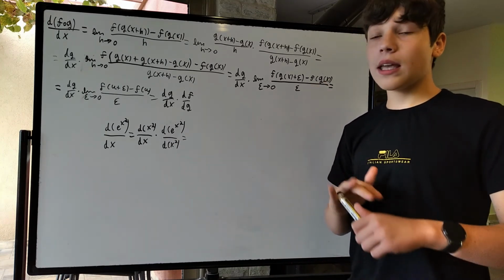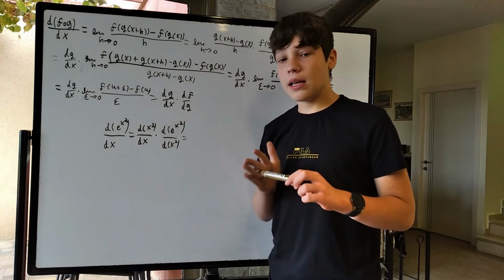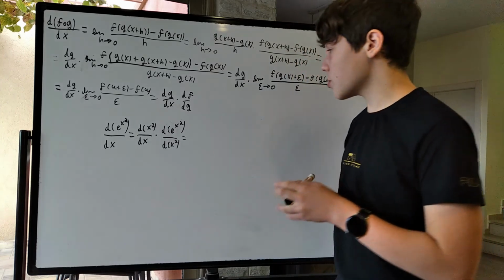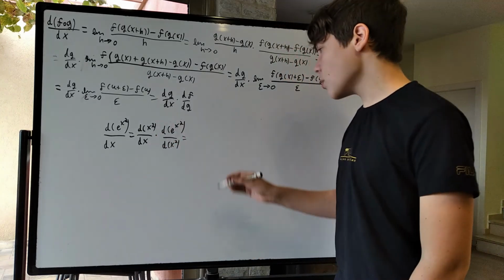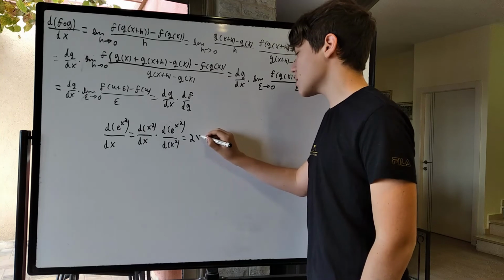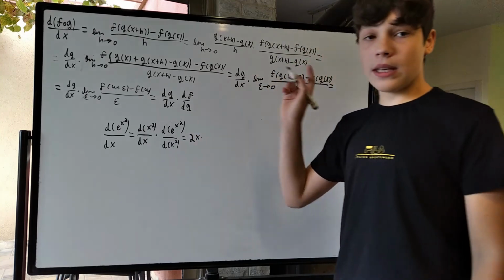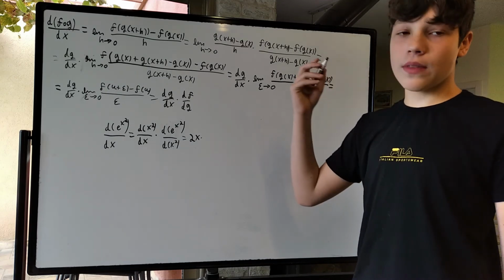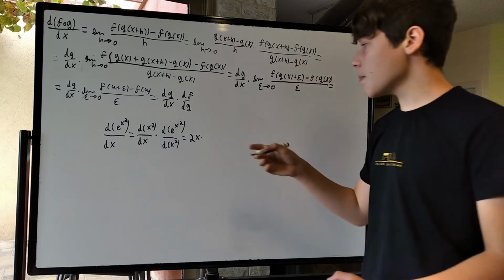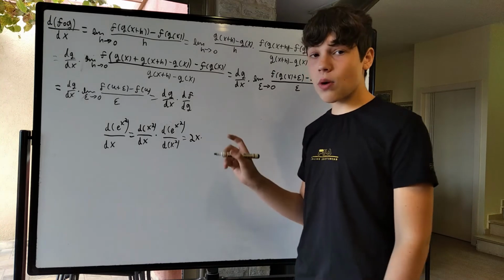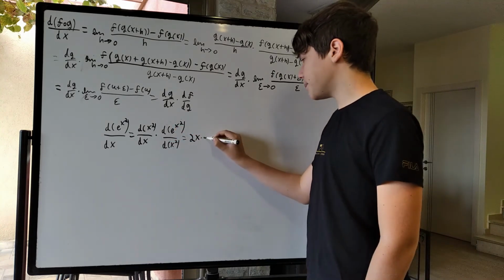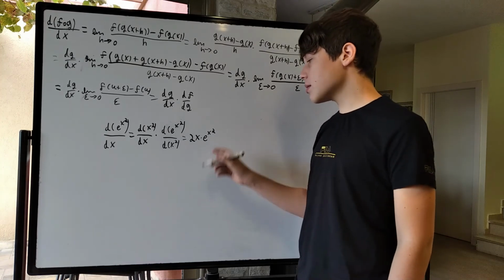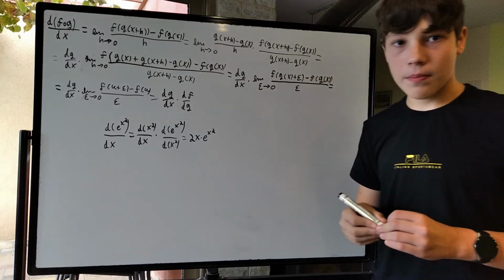We're looking at x squared not as our function this time, but as our parameter for the function. So the derivative of x squared with respect to x is 2x, and the derivative of e to the power of something is e to the power of that same something, and when our parameter is x squared, this derivative is e to the x squared. So our final result is 2x times e to the x squared.